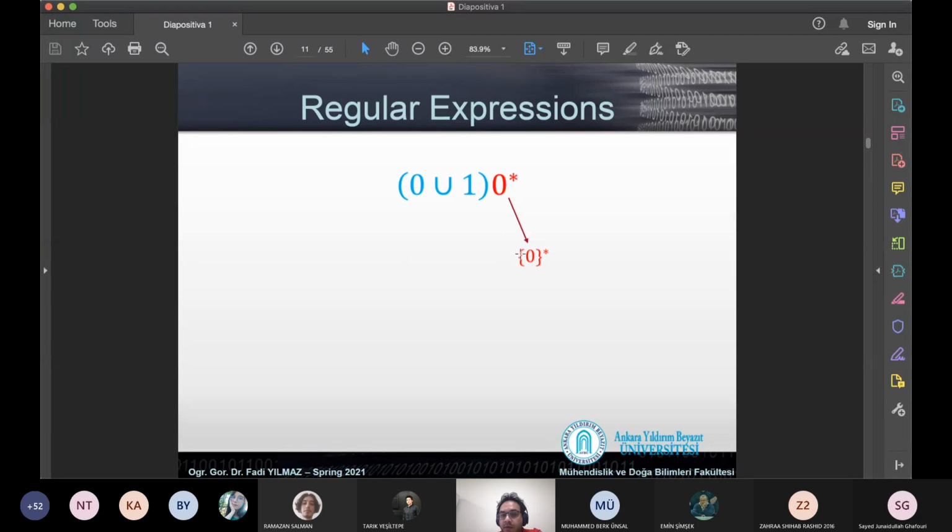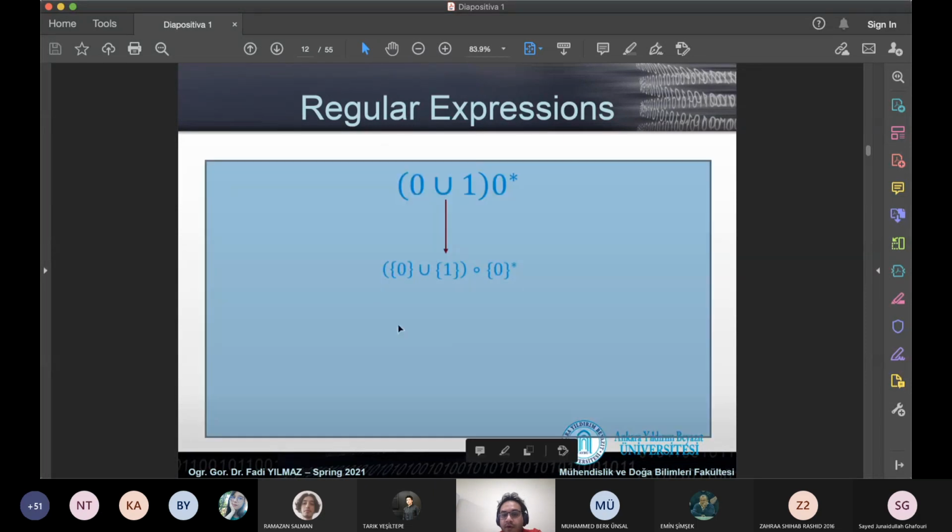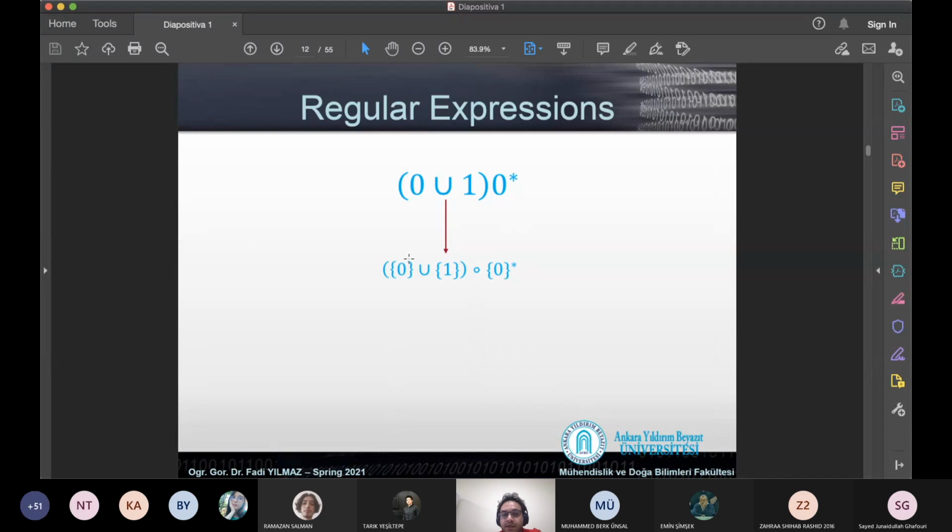We also have this language 0, and we can apply the asterisk or star operator to the 0. And this entire thing is simply shorthand for this one: language 0 union language 1 in parentheses, then we do the concatenation with language 0 and the star operator.